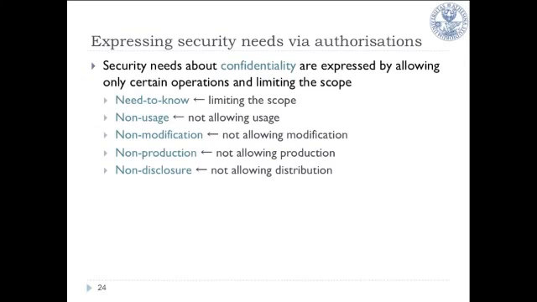Similarly, when modification is not allowed, then the authorizer is not granting to the authorizee modification, so it's requiring him non-modification of that information. And the same applies to produce and distribute.